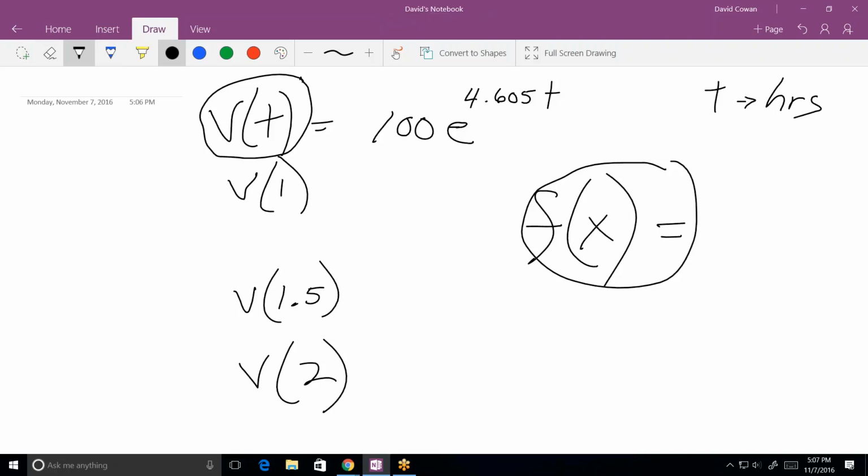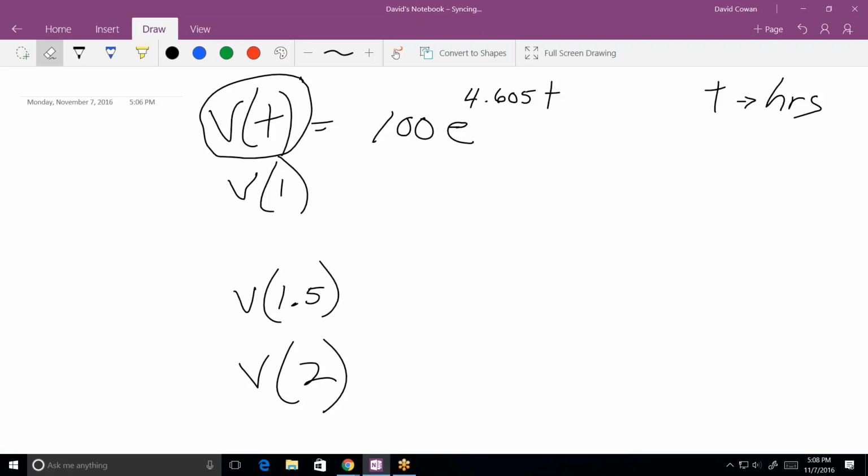So that's first of all. And then when you're referring to this, that's V of 1 and V of 1.5 and so forth. So how do I get V of 1?